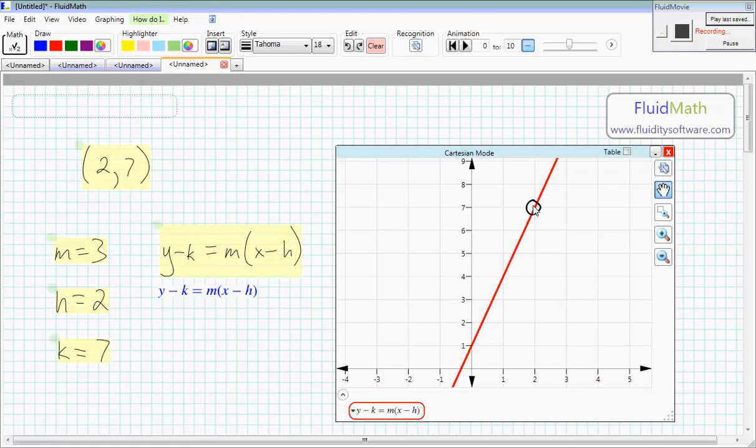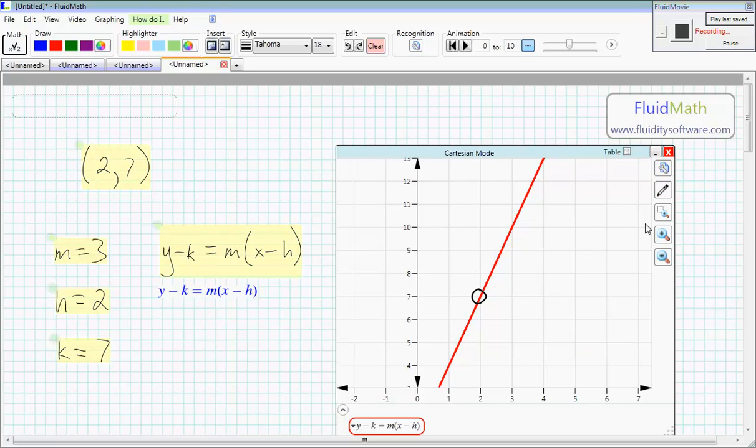Here's that. And then the slope is supposed to be 3. So let's drag the curve up a little further. And if the slope is 3, that means the rise is 3, and the run is 1. 1, 3. And then we pass through this point here, and so on.